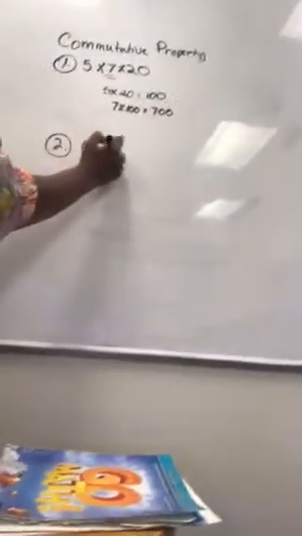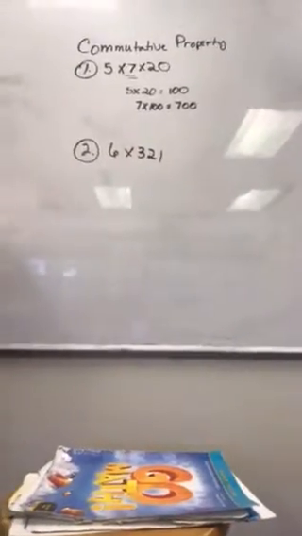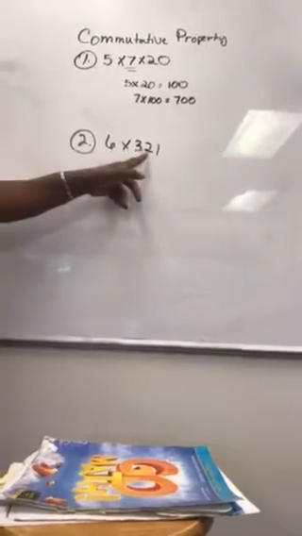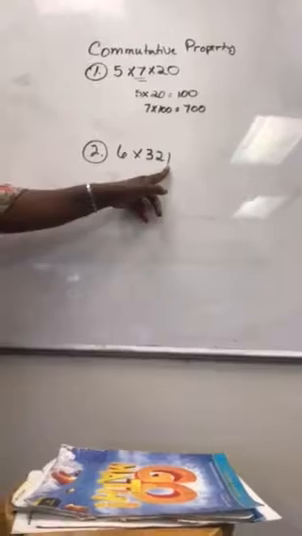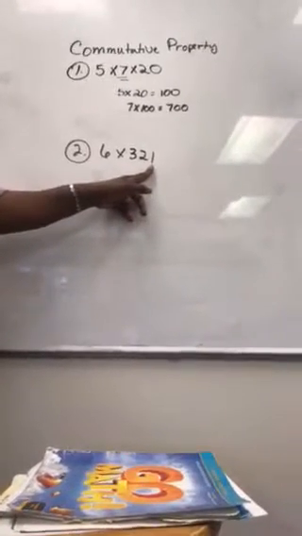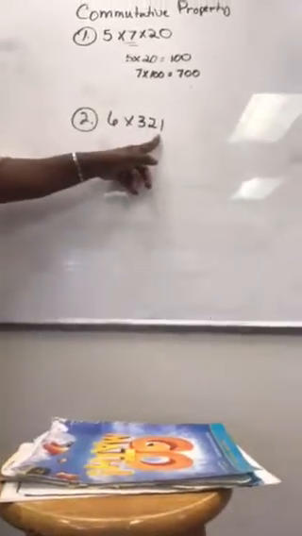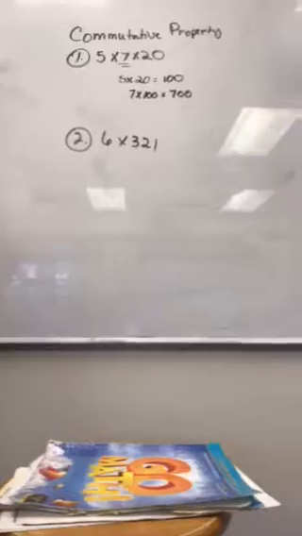Number 2. The next thing we're going to take a look at is 6 times 321. As we've learned in the past, we can multiply the value of each of these digits by this number, add them together, and come up with our final answer.